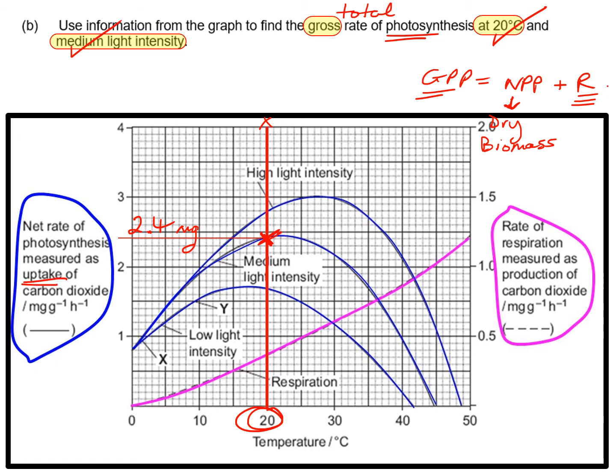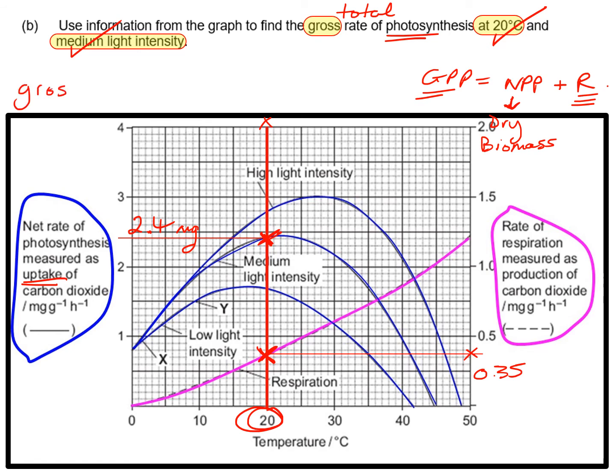But also, we know that the respiration rate at 20 degrees C is the y-axis on the right-hand side, which is 0.35 here, if we read that carefully. So what we're going to do is add the net rate of photosynthesis to the rate of respiration to get the gross rate of photosynthesis.